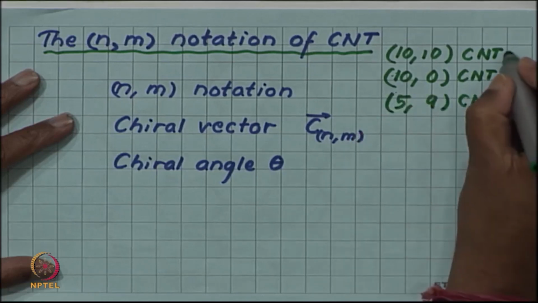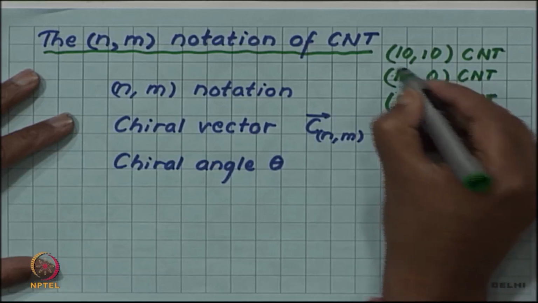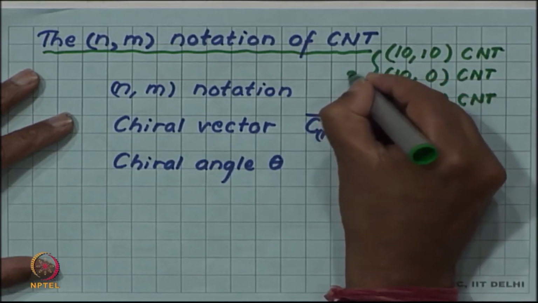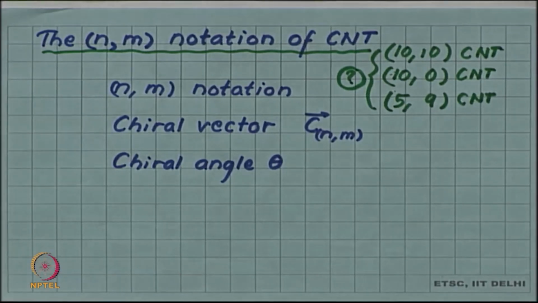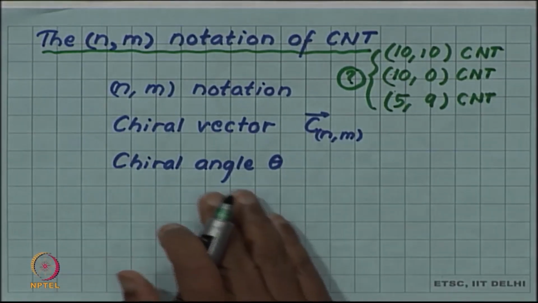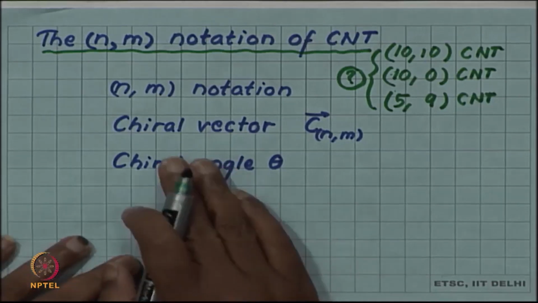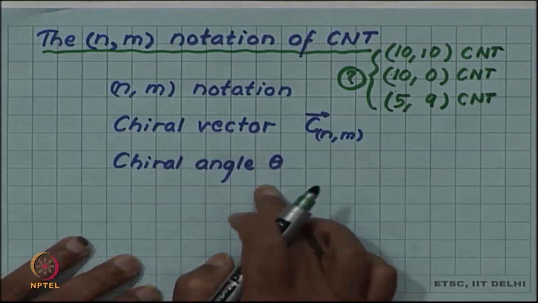The question is, what is the meaning of this notation? This is what we want to explain. We will also define two important concepts which are related, the chiral vector of the tube and the chiral angle.